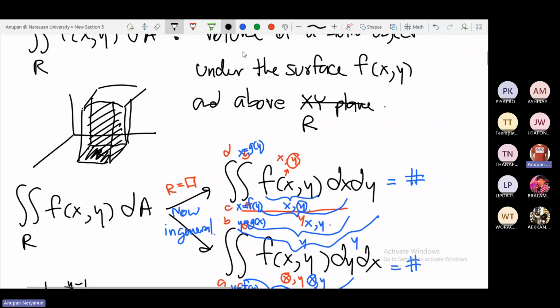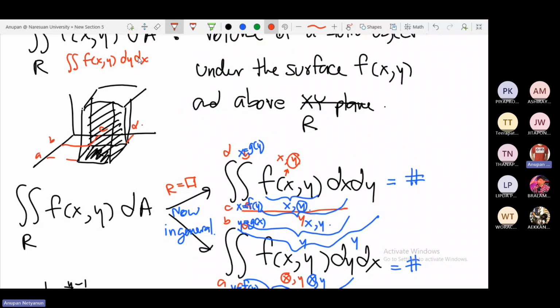If you remember, let me talk about it quickly: we have dy dx, something like this, and x is from a to b, y is from c to d, and this is the rectangle.